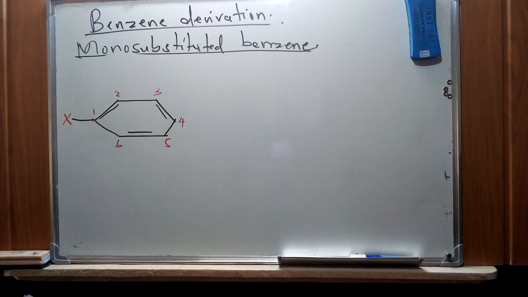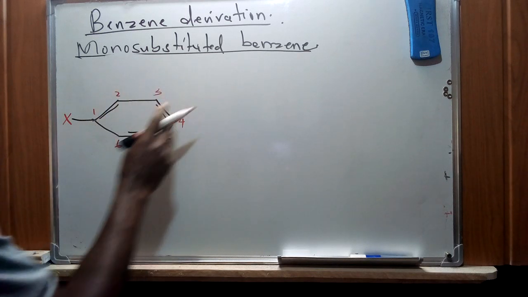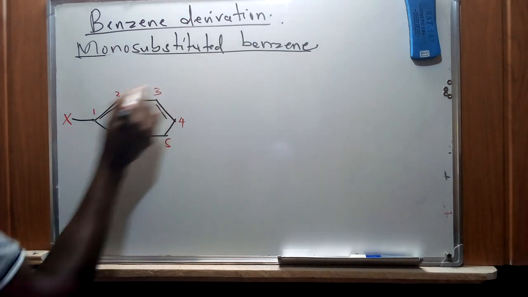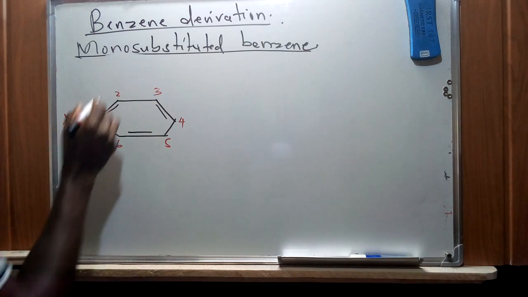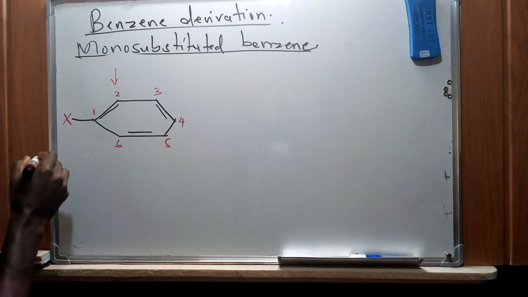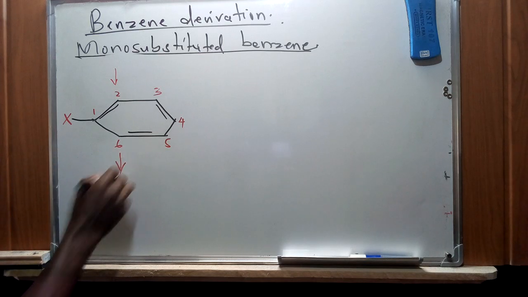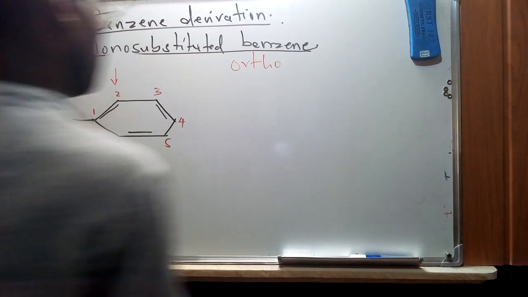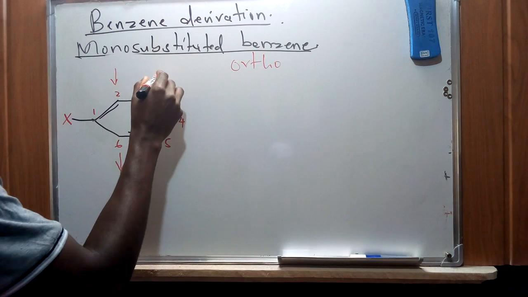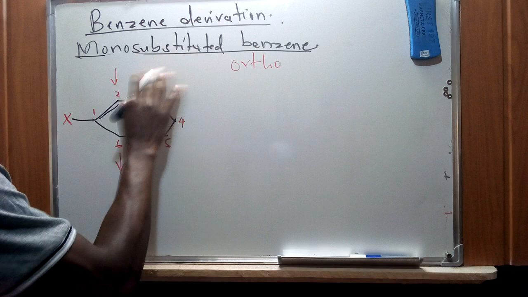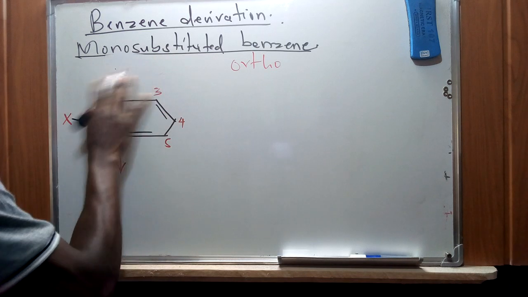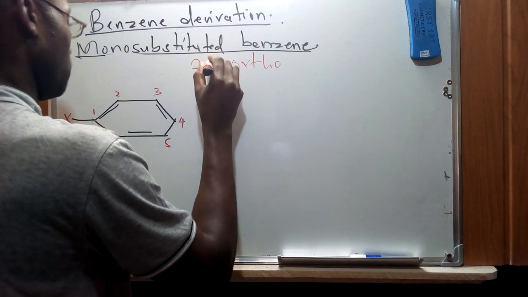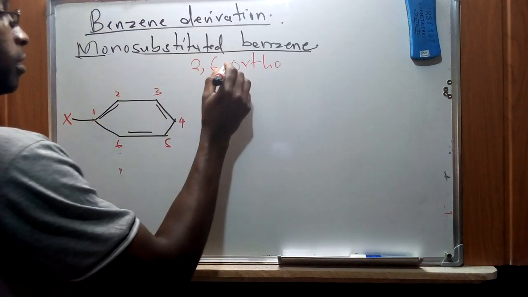So at these specific points where I have indicated the numbers, there are specific terms that are used for substitution at these different points on the arene molecule or the benzene molecule. The first one is a substitution at point number 2 and number 6. That one we give the term ortho substitution.